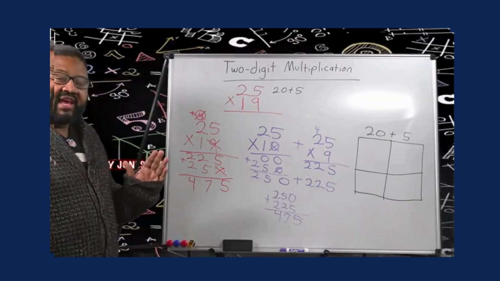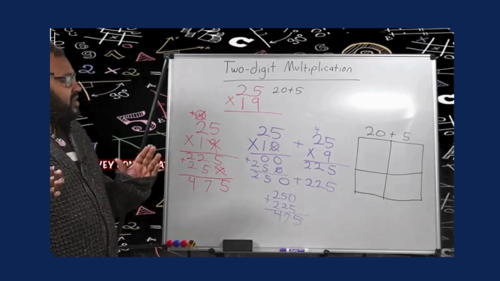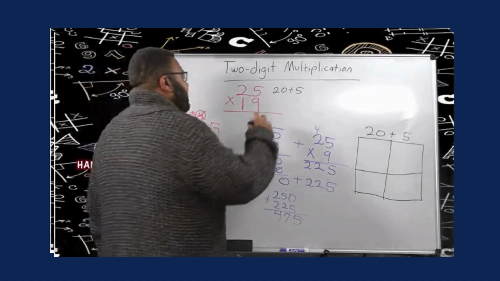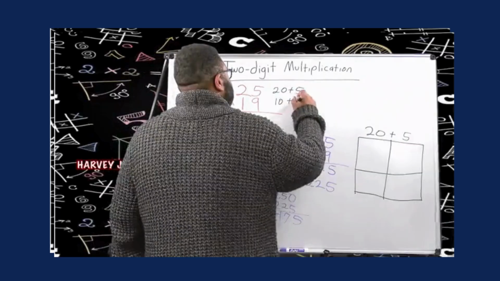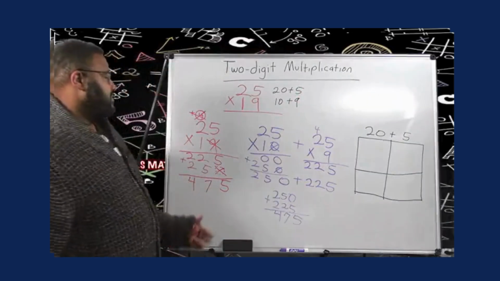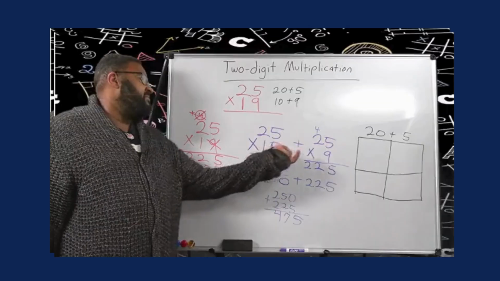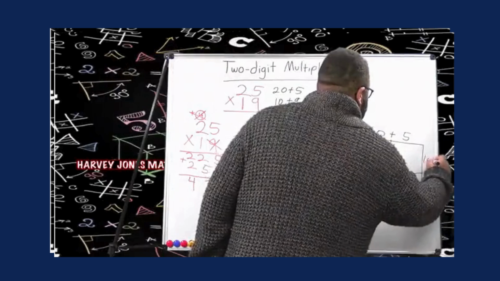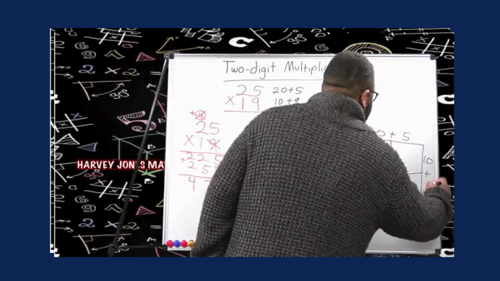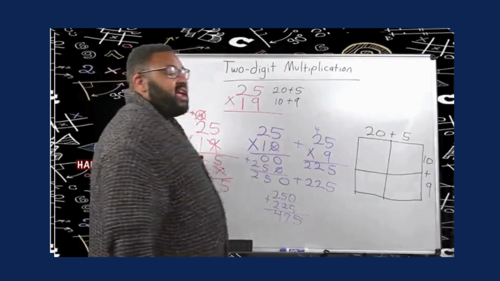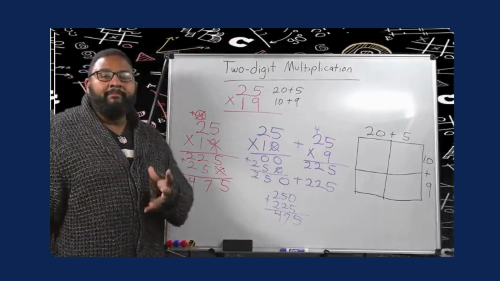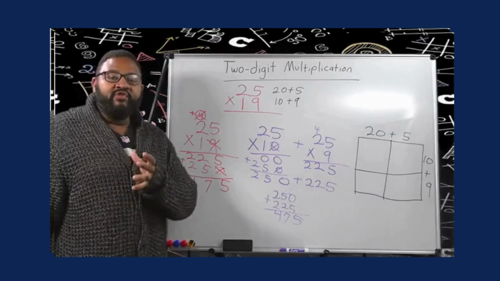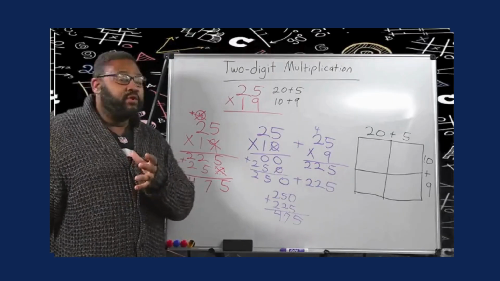On the other side, I have 10 plus 9. Guess what, folks? That's the 10 plus the 9. I'm showing you a variety of ways, and you have to choose which way is going to be best for you.